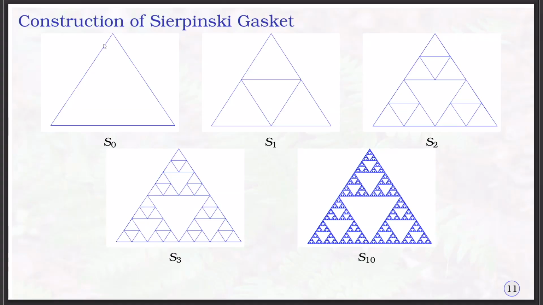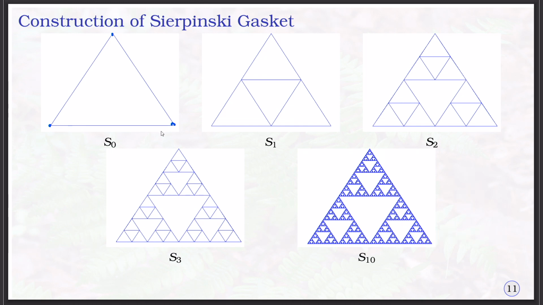In the same way, based on the Cantor construction process, we will do the Sierpinski triangle construction process. Let us begin with the equilateral triangle. Here we are starting from the equilateral triangle with 3 vertices. Since each side length is equal, we will take each side length to be 1, that means a unit side length.